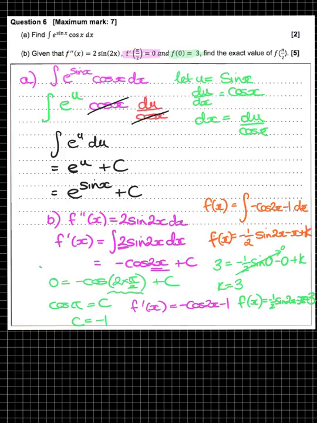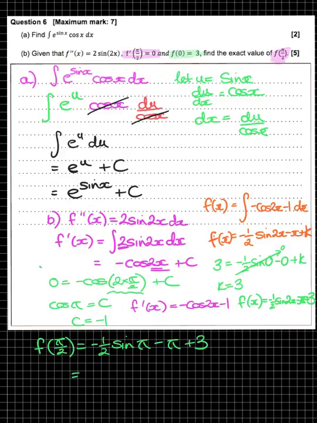Okay? That's not what the question asked for. The question asked for f of pi on 2. We're very nearly home. Okay? Therefore, f of pi on 2 is equal to negative a half sine, sub in pi on 2 now, so it's 2 lots of pi on 2, so hopefully you can see that's just pi, minus, that says minus x, so that's minus pi, and then plus 3.